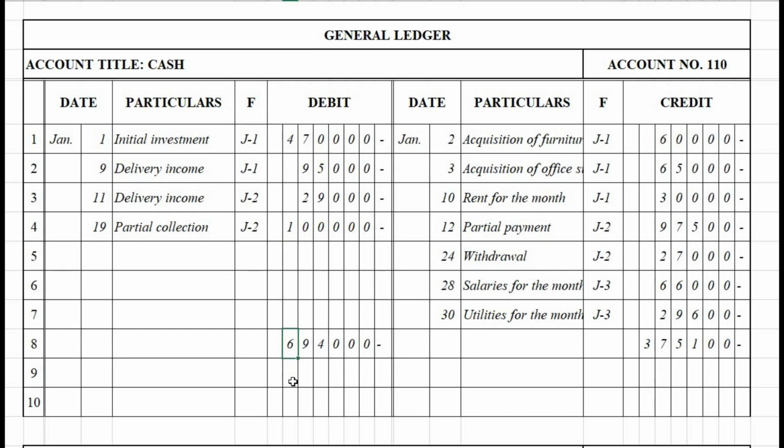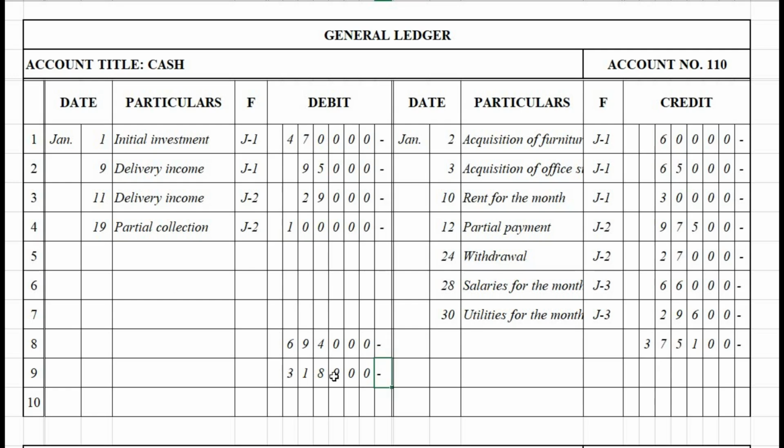So how much is it? What you have to do is just offset the total of your debits against the total of your credits. So in this case, the balance is 318,900. So that is the balance.